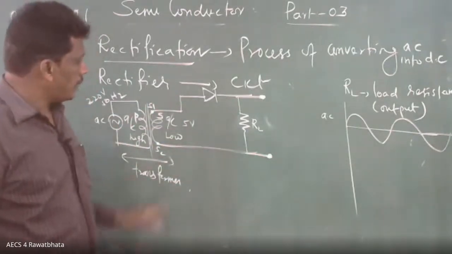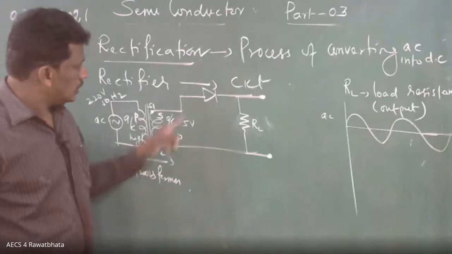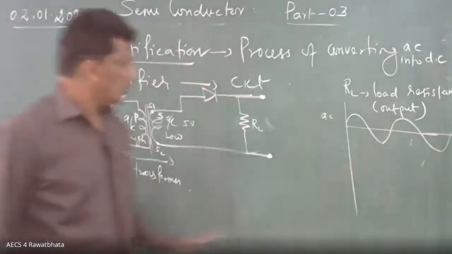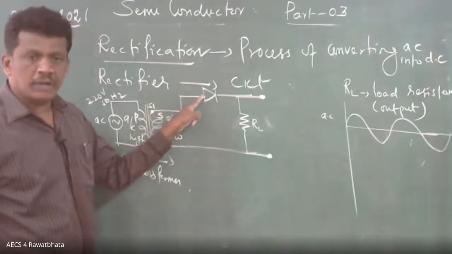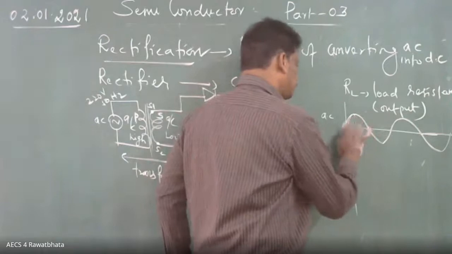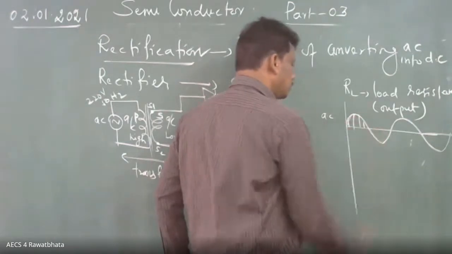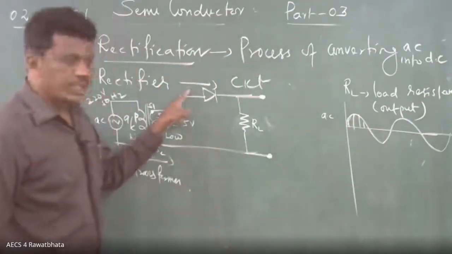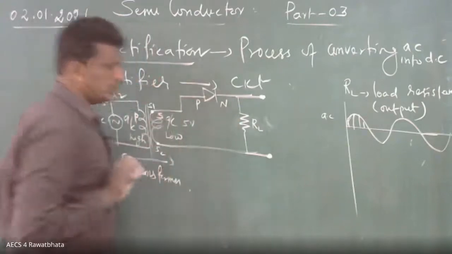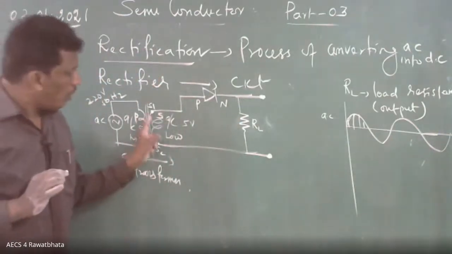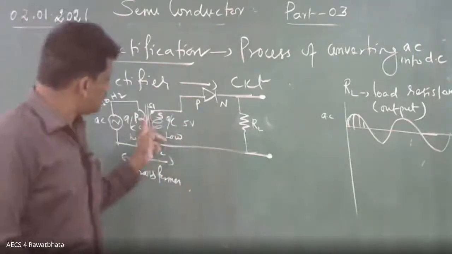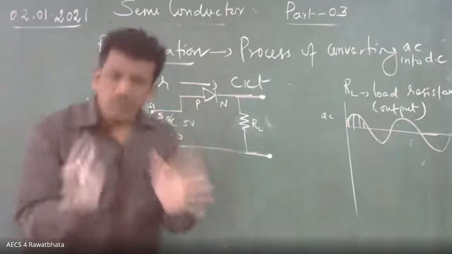Now what will happen? First, S1 is positive, during the positive half of the signal. Positive with the P region, N region. Which bias? Very simple, positive with P region is forward bias.